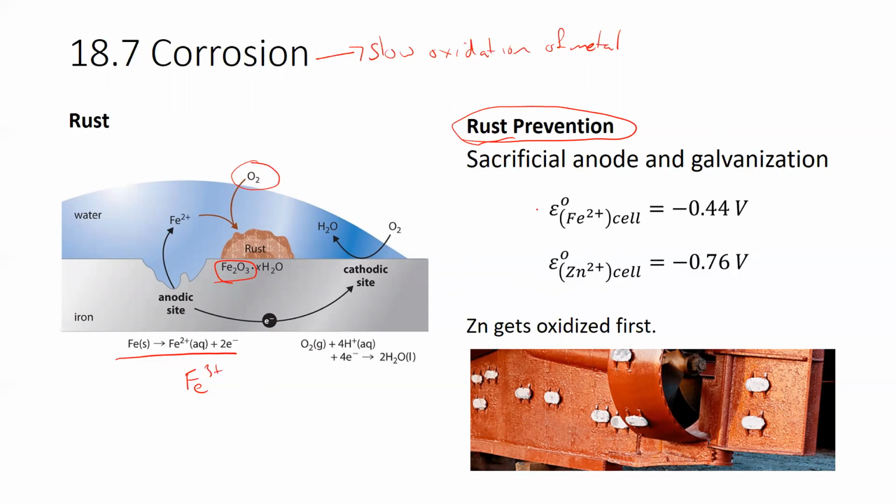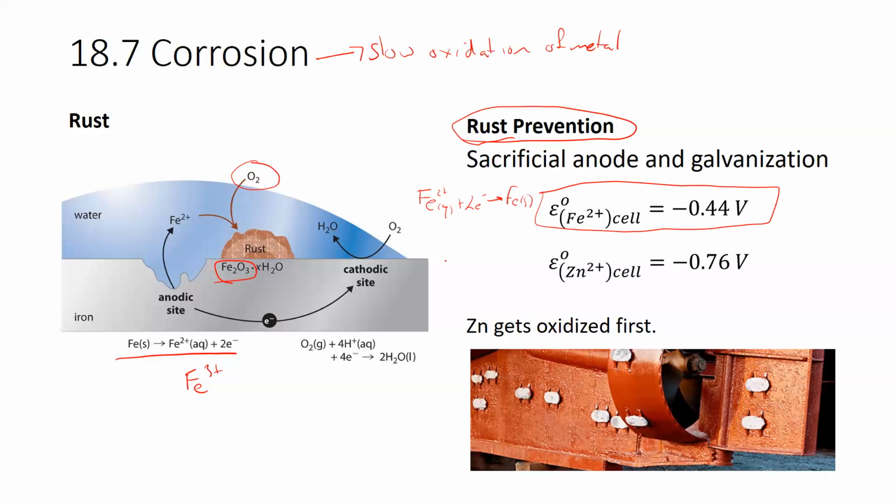If you look at the important part of rusting, you're looking at iron going to form iron 2+. Now, if we think about the standard reduction potential of iron forming iron 2+, really the reduction potential would be Fe2+ plus 2 electrons reacting to form iron solid.